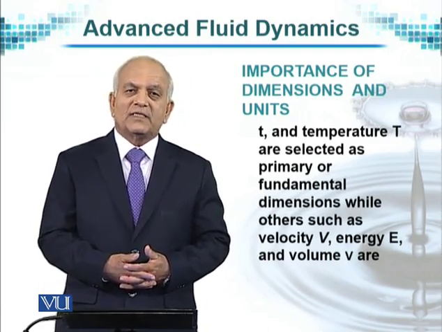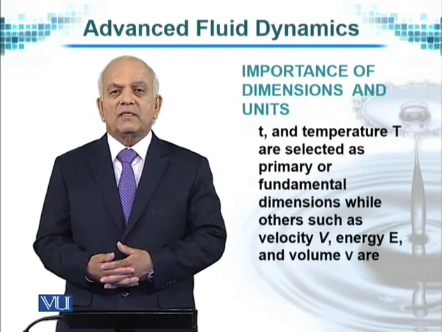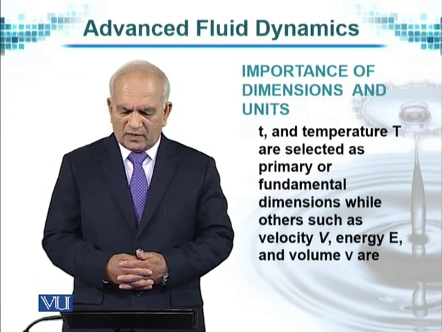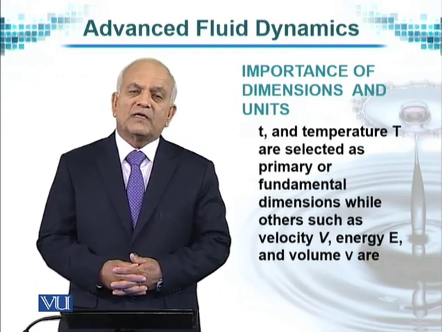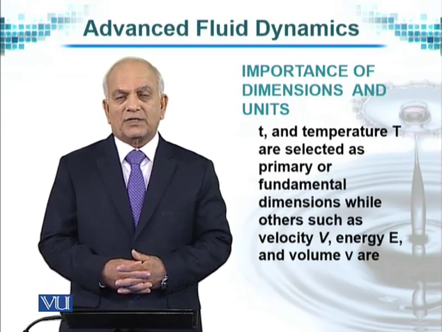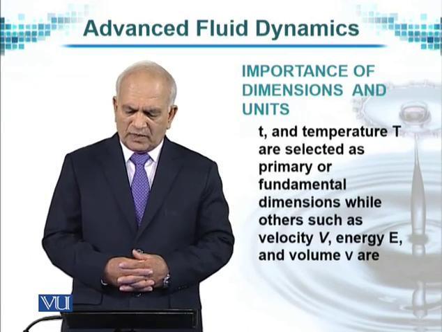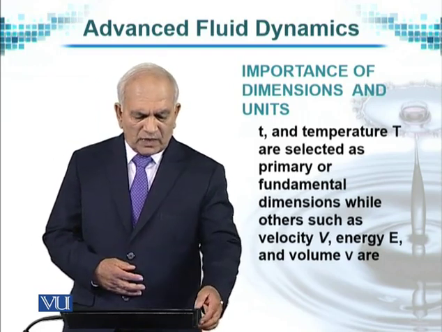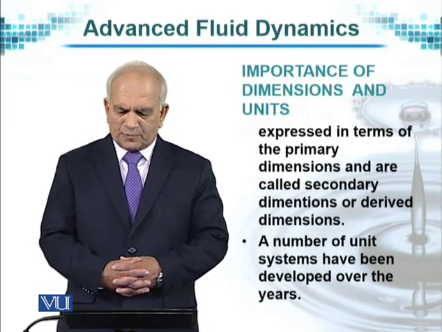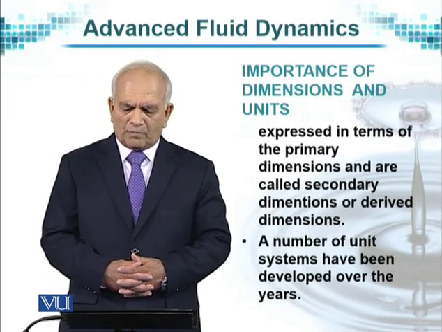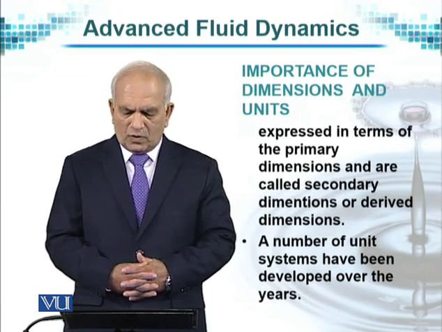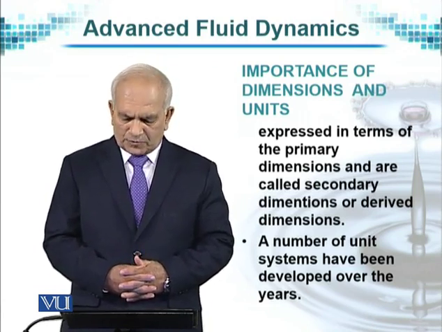So velocity is derived from length and time. So therefore they are dependent on the fundamental, and these will not be fundamental dimensions. Similarly for energy, similarly for volume, and they are expressed in terms of primary dimensions and are called secondary dimensions or derived dimensions.